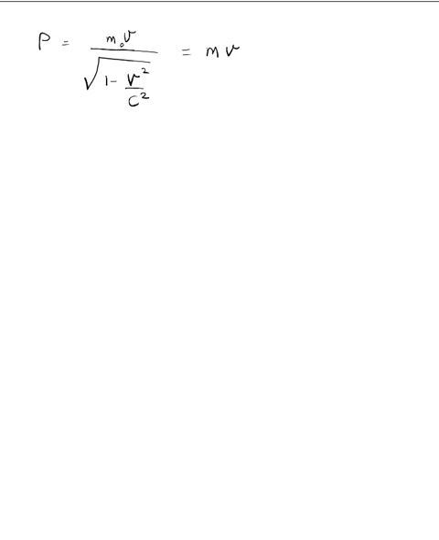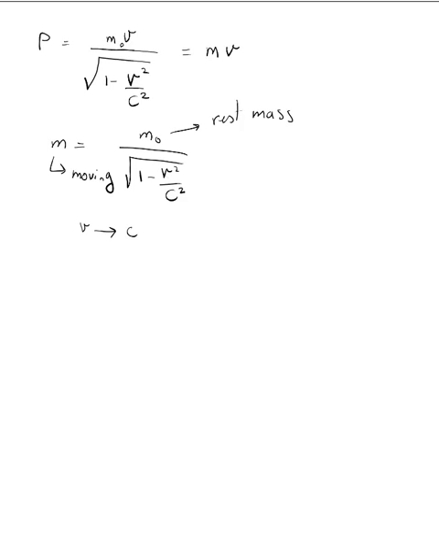So from here, I can say that m, which is the mass of the object that is moving, equals m naught divided by the square root of 1 minus v squared divided by c squared. This m naught is the rest mass, and m is the relativistic mass or the moving mass. Now, when v approaches c, 1 minus 1 becomes 0. The denominator is 0, so I can say that m approaches infinity.